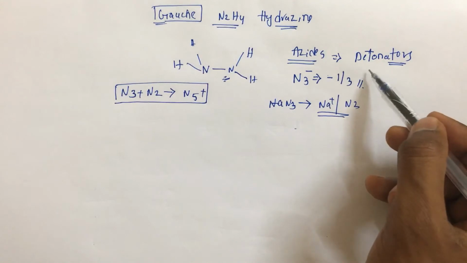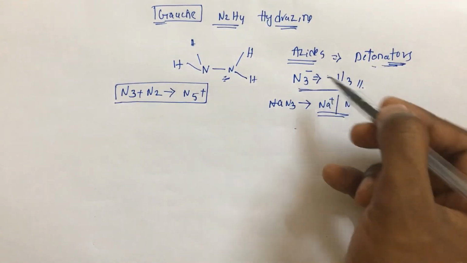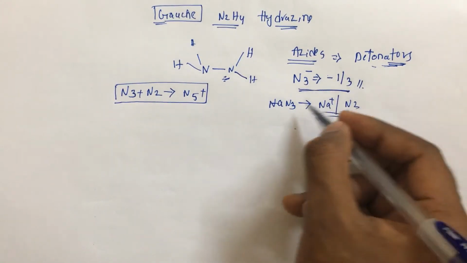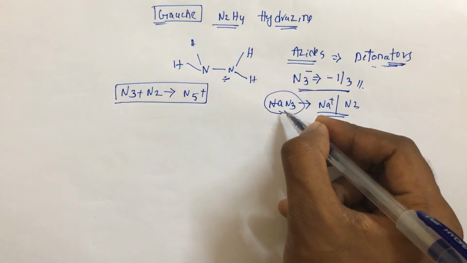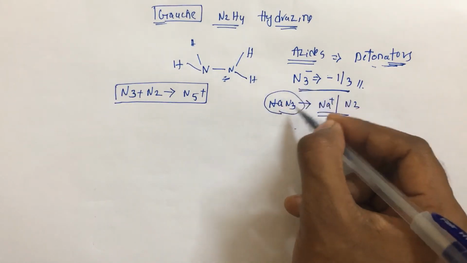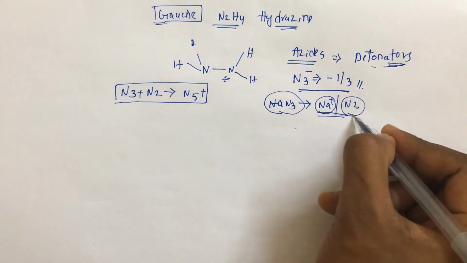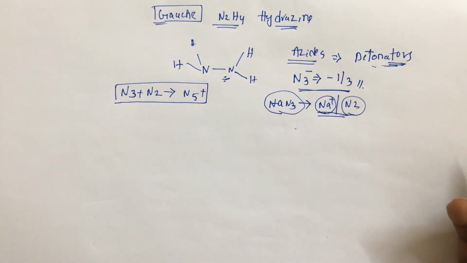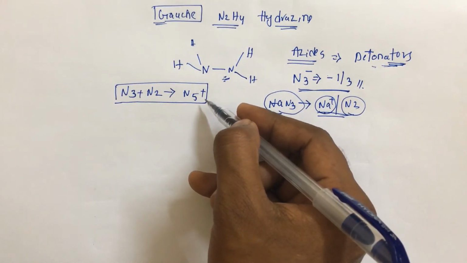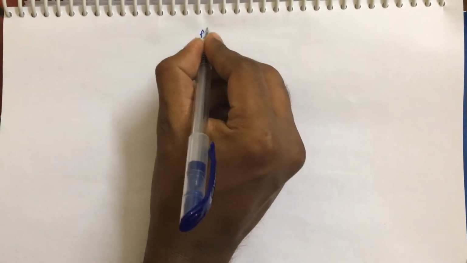About azides, we use them as detonators, their oxidation state, and how they act as detonators: when sodium azide is exposed to air, it releases sodium and N2, and N3 plus N2 gives rise to N5 plus.